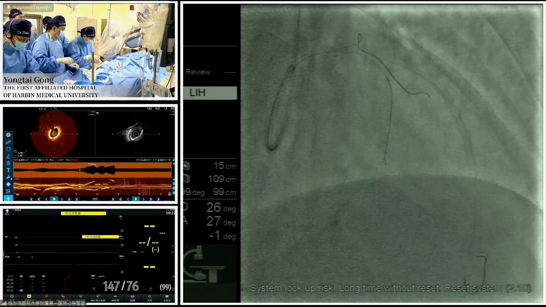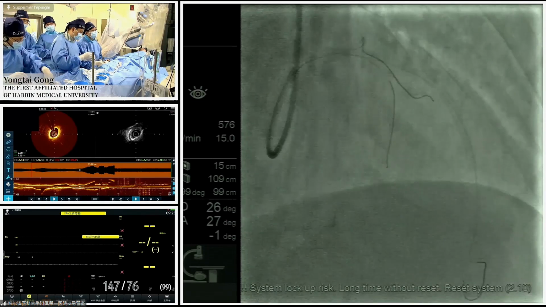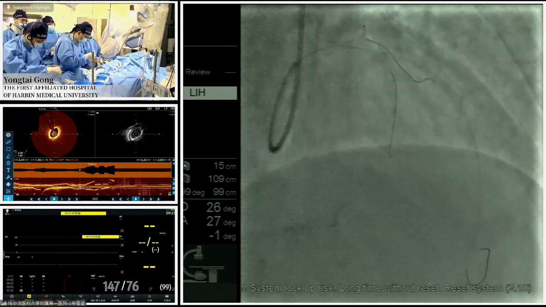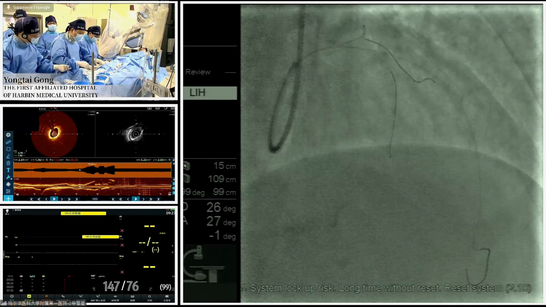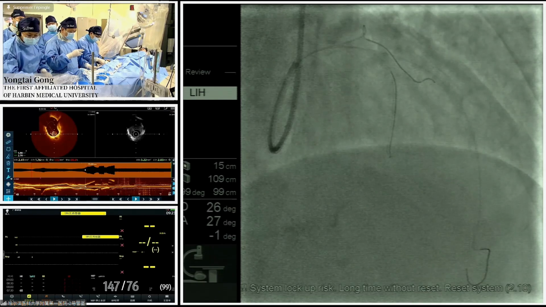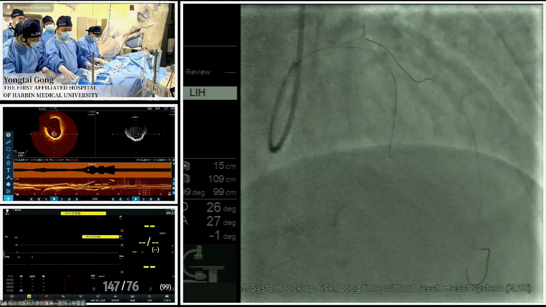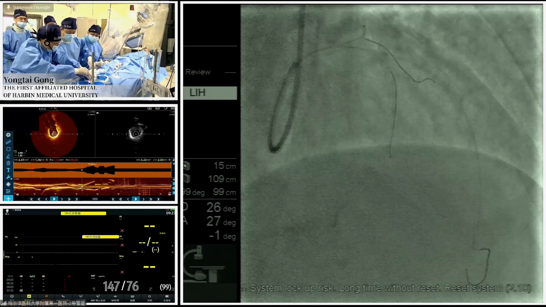The integrated imaging system is very good because it's much better than OCT alone or IVUS alone. But the thing is, when we use the integrated imaging system, we also have to inject contrast, just like OCT. Yes, the basic mechanism is similar to OCT. We also inject contrast to flush the blood.